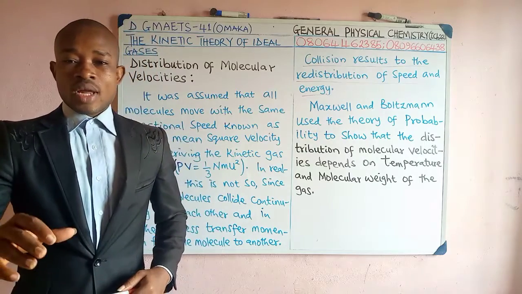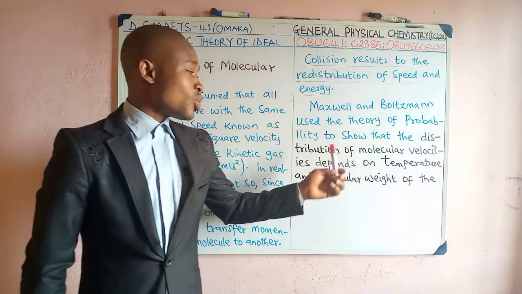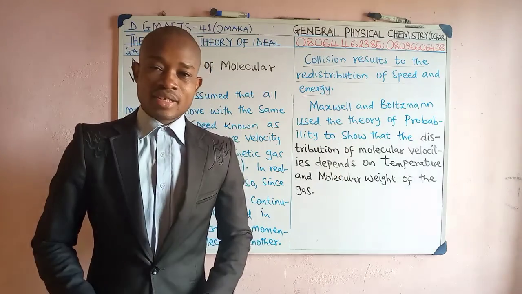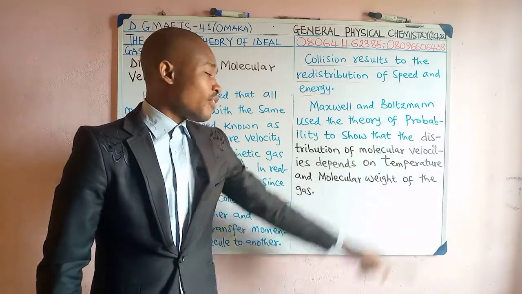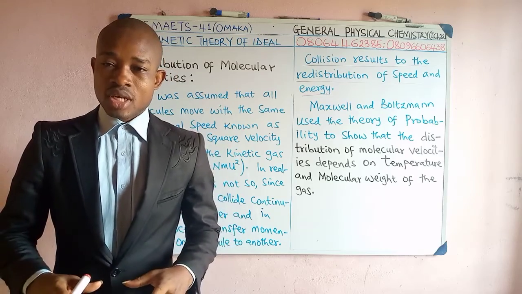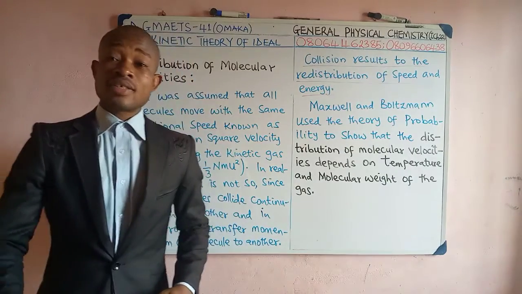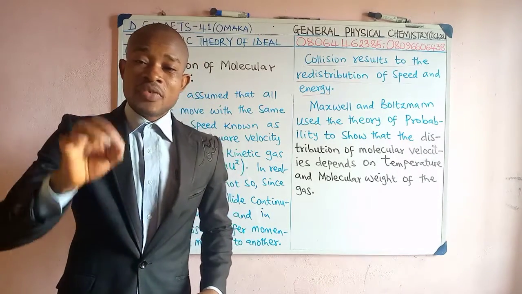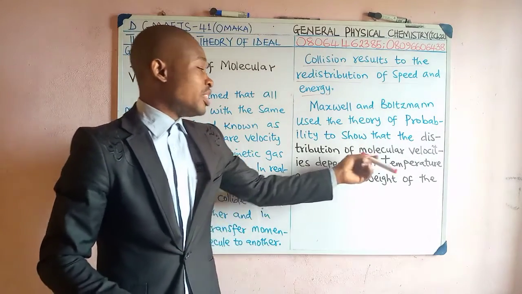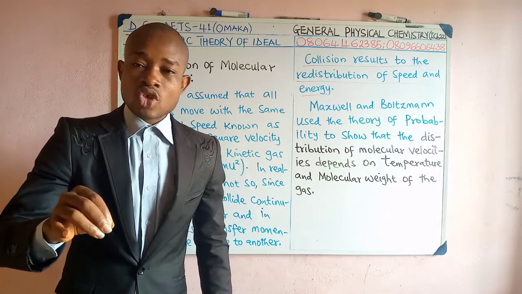This led Maxwell and Boltzmann to use the theory of probability to establish the fact that the distribution of molecular velocities depends on temperature as well as the molecular weight of the gas. Once again, the redistribution of the molecular velocities of the gas molecules depends on what?